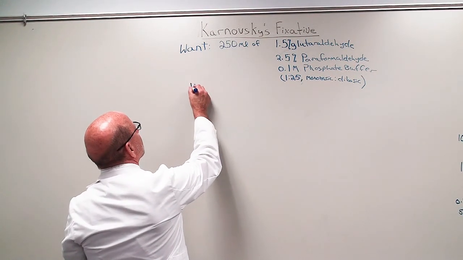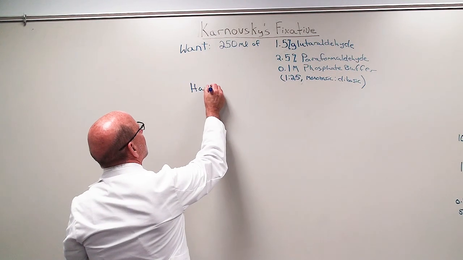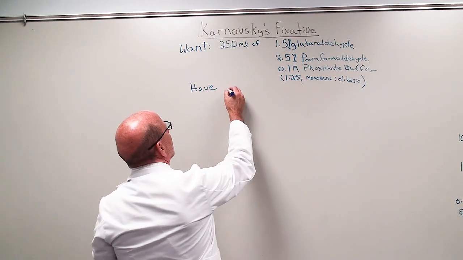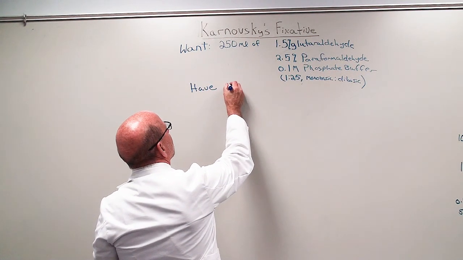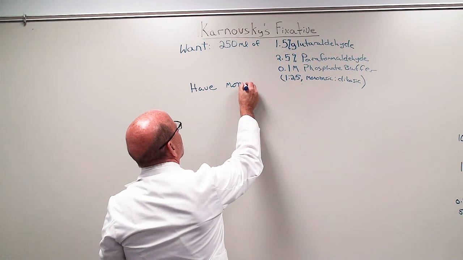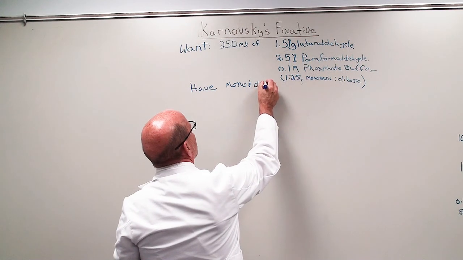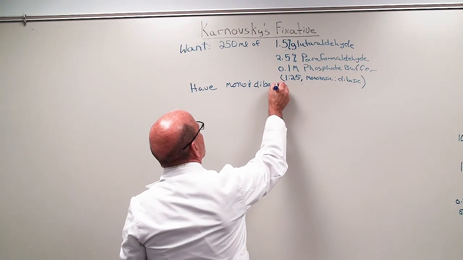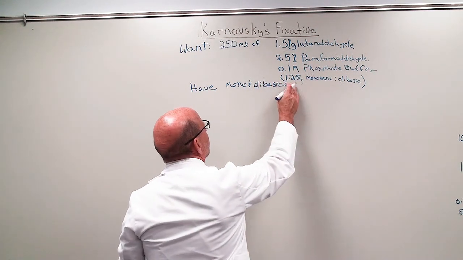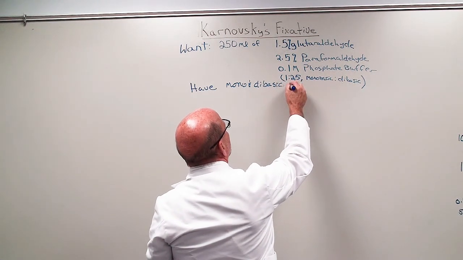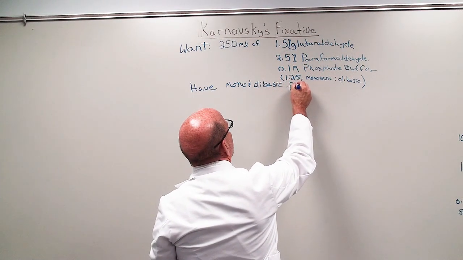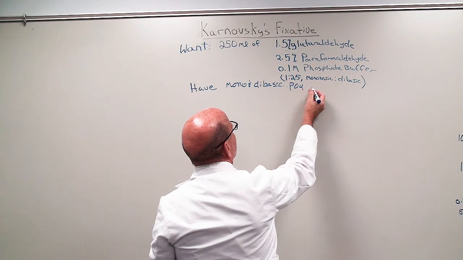So we want 250 mLs of 1.5% glutaraldehyde, 2.5% paraformaldehyde, and 0.1 molar phosphate buffer.